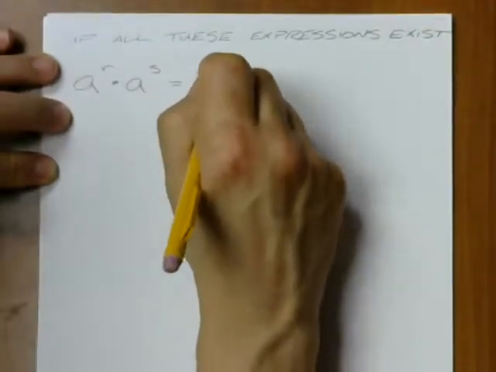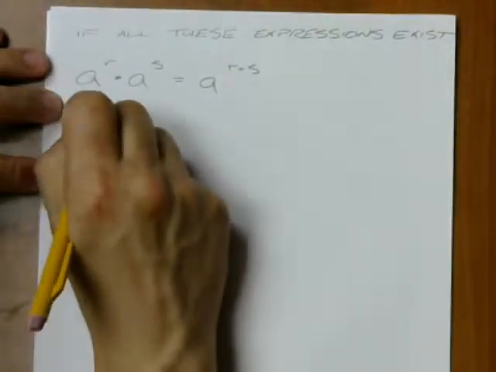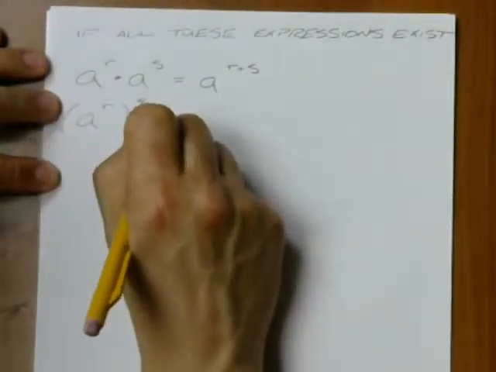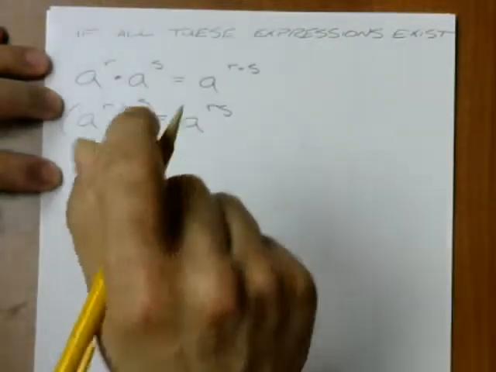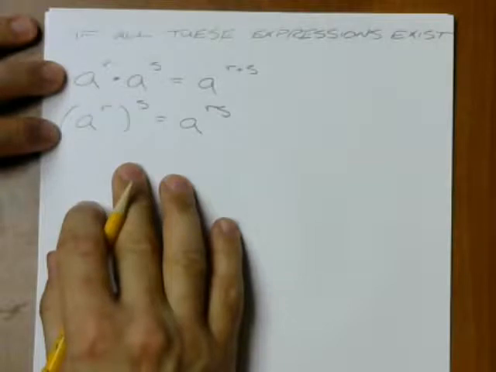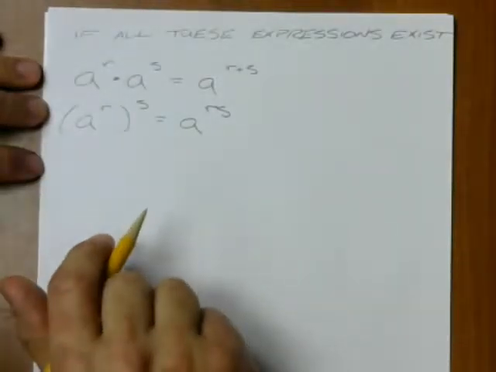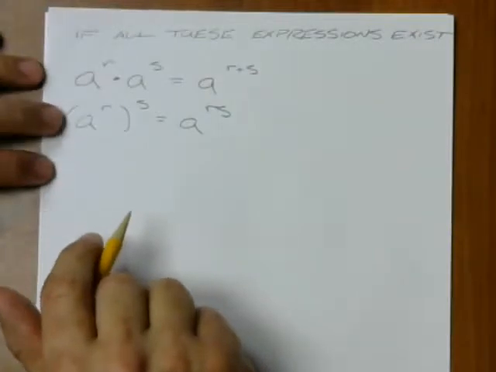times a to the s is a to the r plus s. A to the r to the s equals a to the rs. These were the two rules we originally wanted to make hold when we were choosing what to allow a to the 1/2 to be.